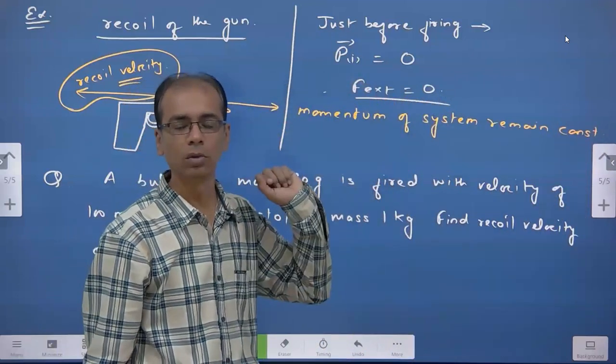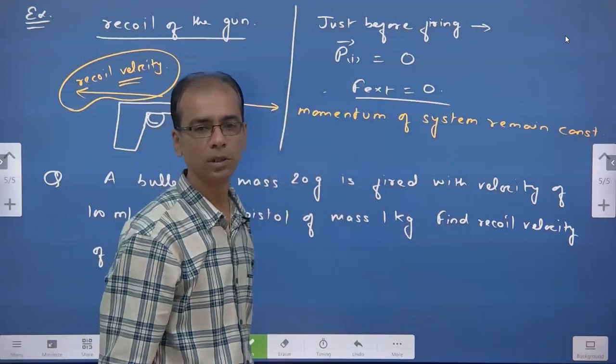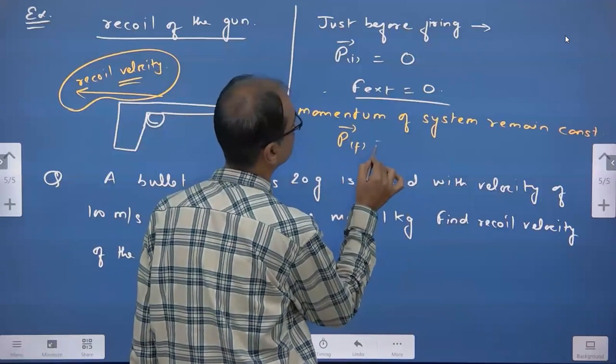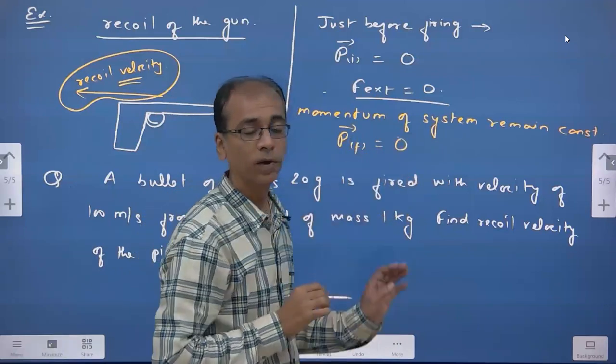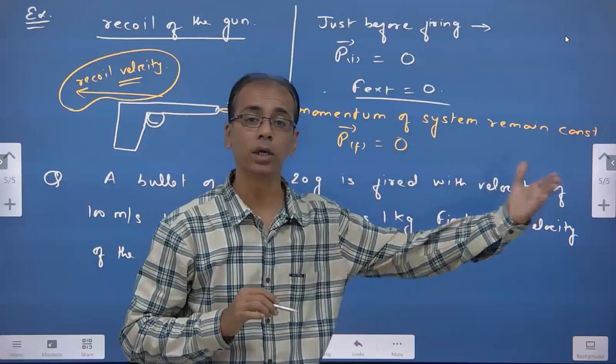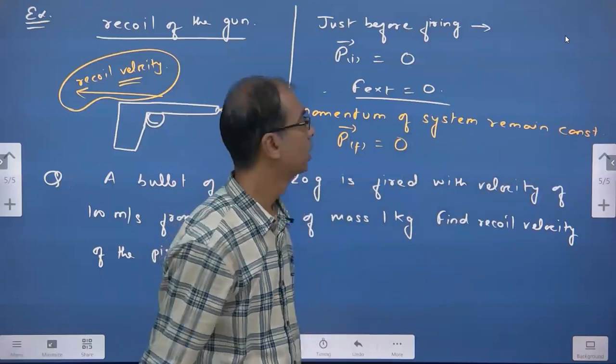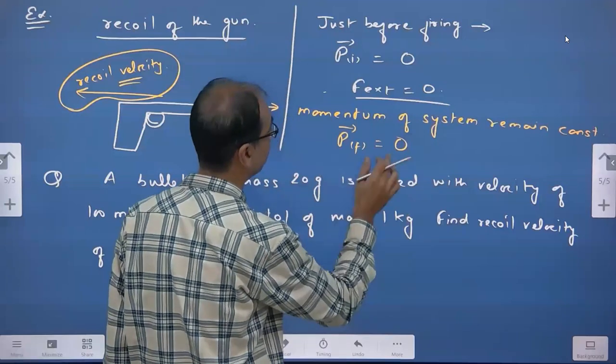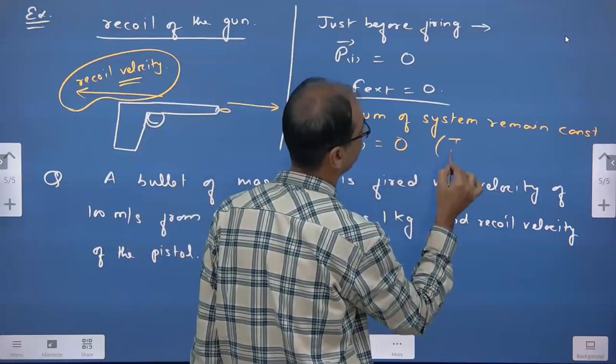Initial is 0, so final also will be 0. But what is final? In final, the bullet is going. When I write momentum initial, it is just before firing, and when I write momentum final, it is just after firing.